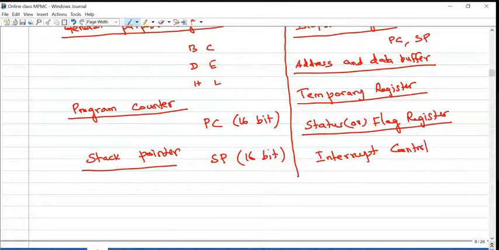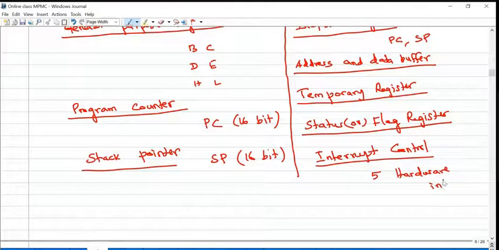And then interrupt control. The 8085 microprocessor supports 5 hardware interrupts.